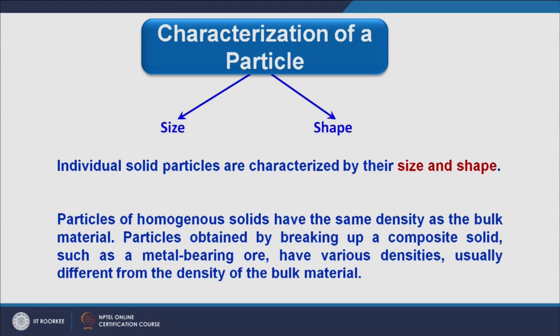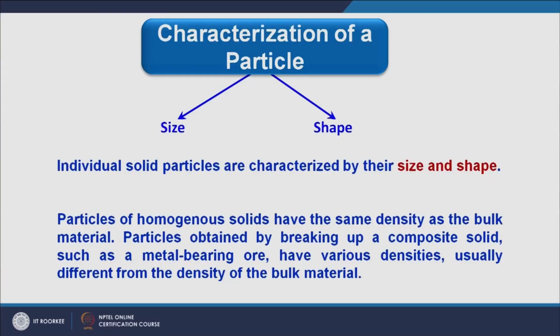If I consider a small section of matter from the bulk, it will have the same density as the bulk itself. However, particles obtained by breaking up a composite solid, such as a metal-bearing ore, have various densities, usually different from the density of the bulk material, and that is quite obvious.